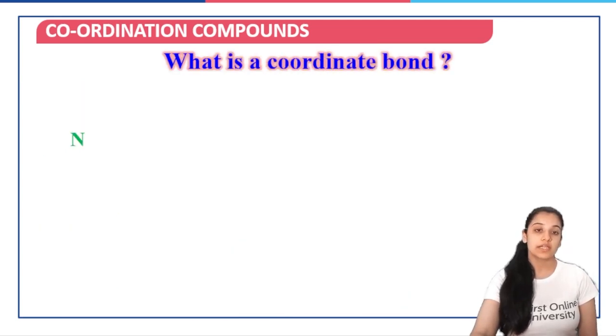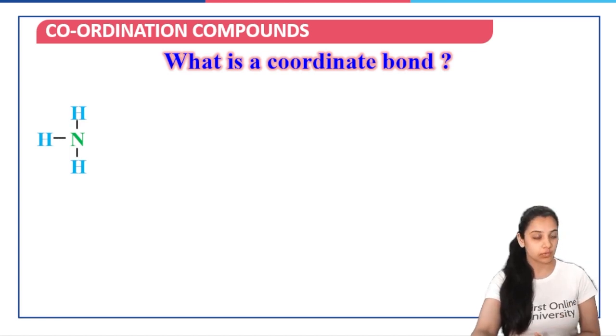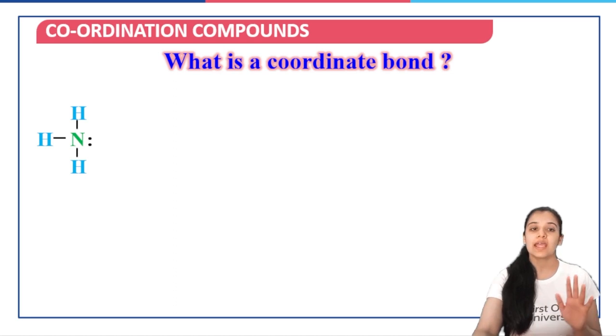Now, what is a coordinate bond? If we have, say, ammonia, we know that there are 5 electrons in the outermost shell of nitrogen, out of which 3 are engaged in mutual sharing, that is covalent bond formation with 3 hydrogens, but there are 2 electrons more left, which we call the lone pair.